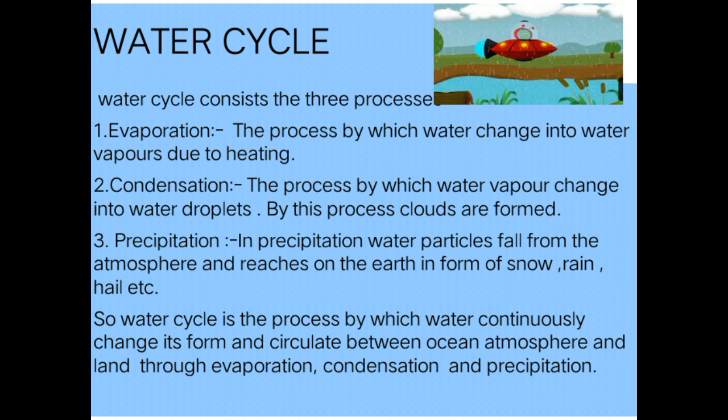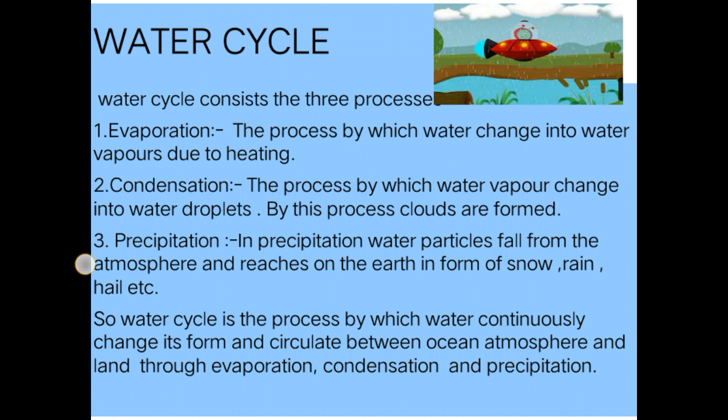Now, let's understand the three processes of the water cycle. First of all, evaporation. The process by which water changes into water vapor due to heating is called evaporation. The second process is condensation. The process by which water vapor changes into water droplets. By this process, clouds are formed.